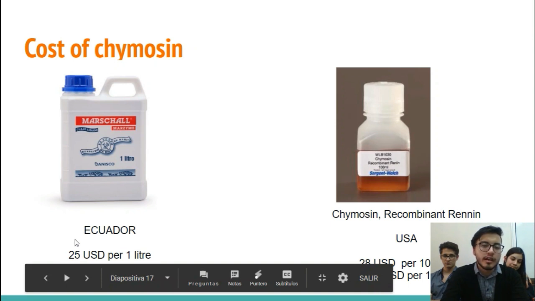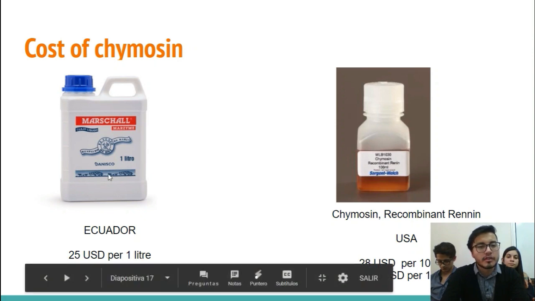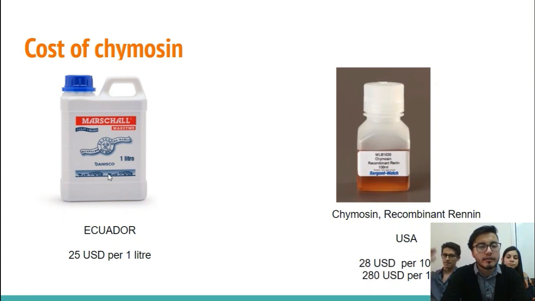So at first impression, a customer may want the one at $25 per liter. But it's also important to note the efficiency of this product, that is to say, how much of the product I need to make a certain amount of curd specifically. We found that with the Marshall product, we need 5 milliliters to make a curd of 75 liters.